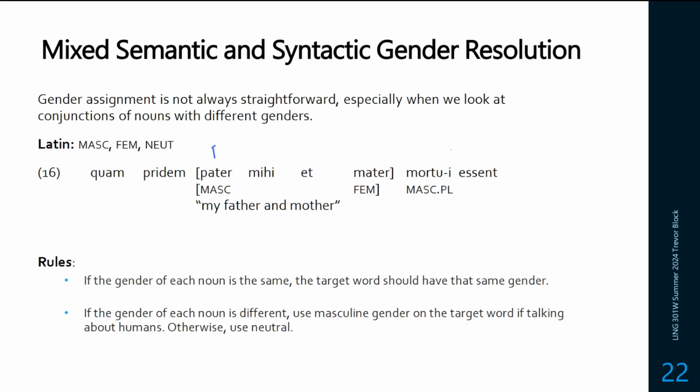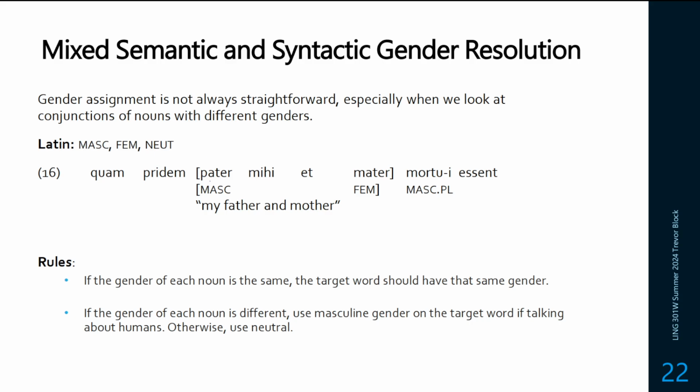Now, different languages will have different systems, but how Latin works is if we have two different genders, in this case masculine and feminine, we're going to use the masculine. If these are human, and this is mother and father, so it's human, so masculine shows up.